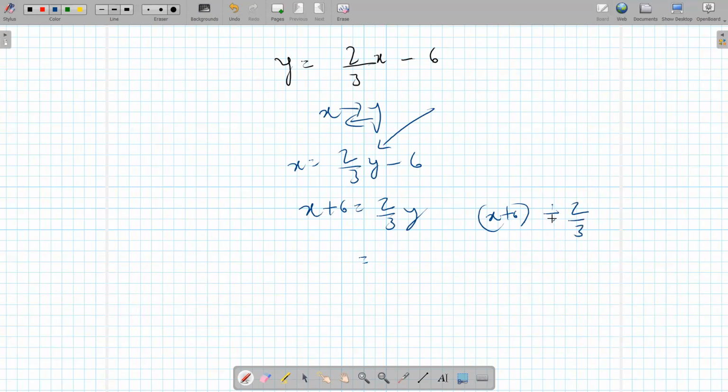If I flip this sign, what does it become? The division sign, we're going to flip it into a multiplication. You've got to flip the other term, right? So we get x plus 6 times 3 over 2 is y. If I open this bracket, what do I get?